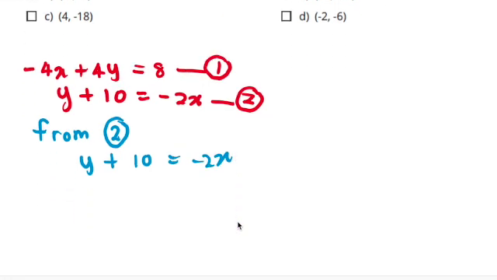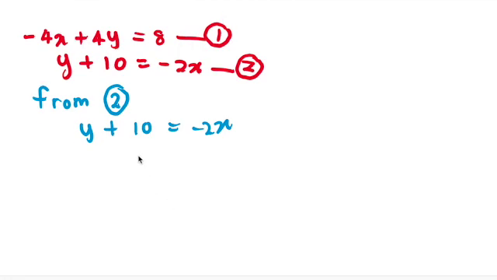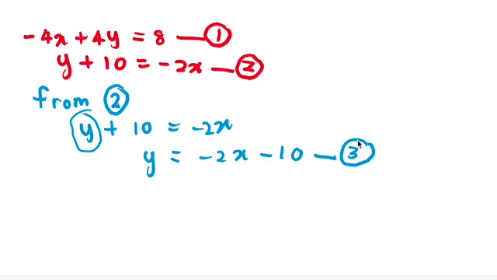Next, we want to find the value of y in terms of x. So we need to backtrack, moving plus 10 to the right. Okay, so y equals negative 2x minus 10. This is going to be your equation 3, the new equation. Only then can we substitute.